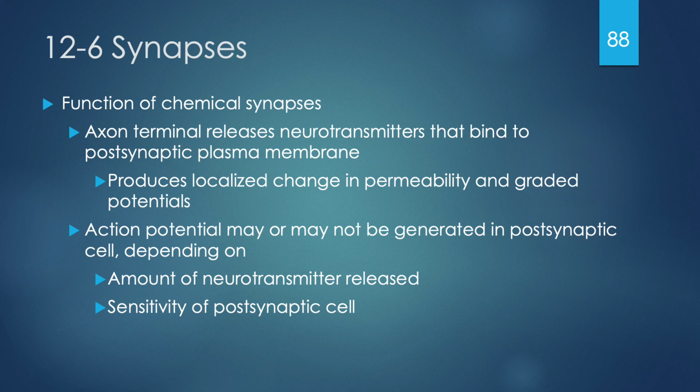So any arriving action potential will definitely arrive at the postsynaptic cell, but that is no guarantee that the postsynaptic cell will also, in effect, have an action potential. It will be dependent upon the receiving cell's ability to process the information it received and whether or not it rises to a threshold to create another action potential.